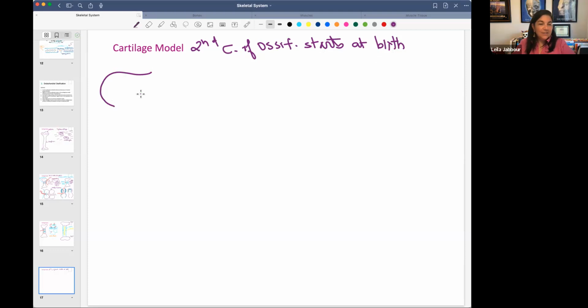Okay, so what does that mean? That means what we saw in the shaft during development is going to happen now in the epiphysis.